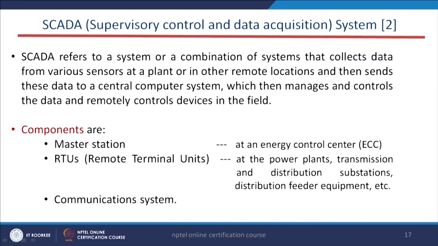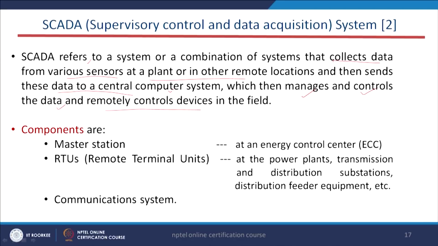The function of SCADA is basically to collect the data from various sensors at a plant or in other remote locations, and then send this data to a central computer system, which then manages and controls the data and remotely controls devices in the field.